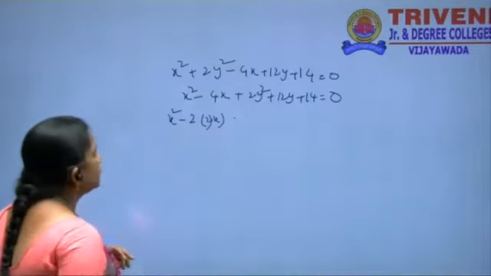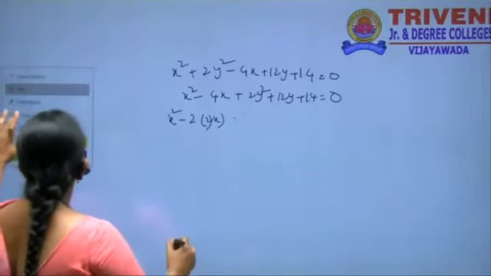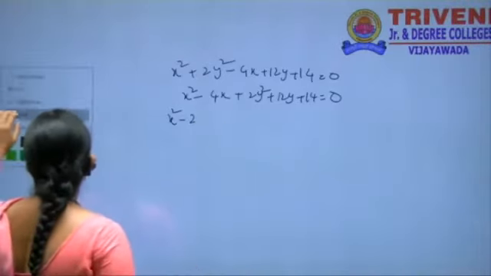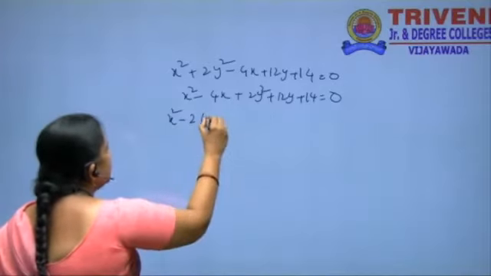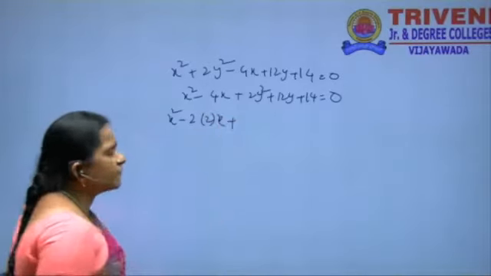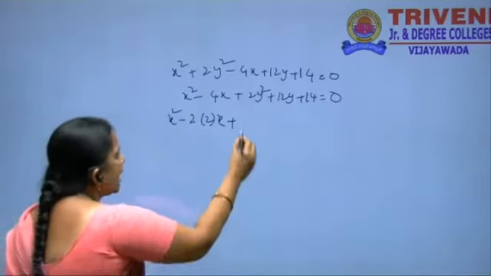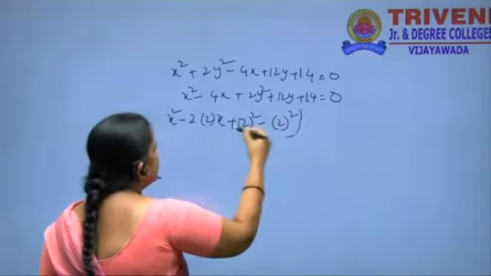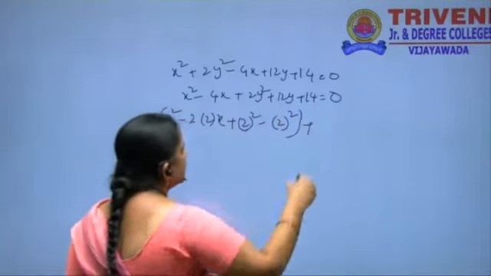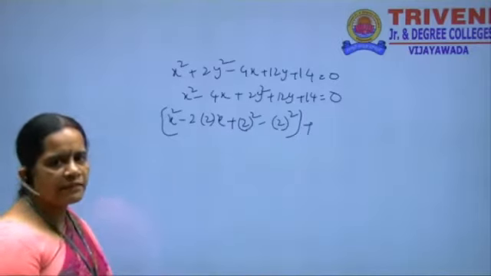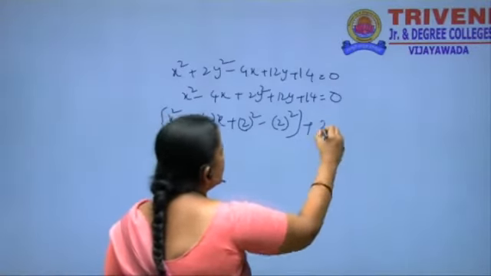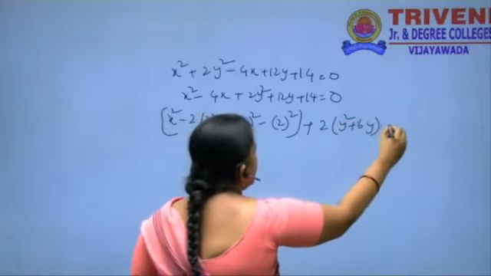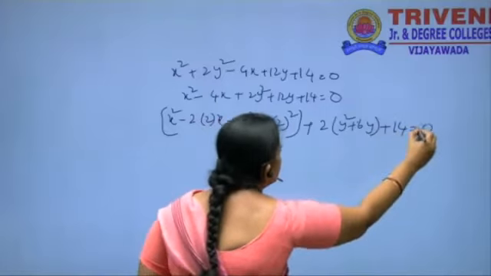Two into x, plus the b square term is not there. We have to add 2 square. Add and subtract 2 square here. This is one, and again plus 2y square plus 12y, 2 is common here. Then it can be written as y square plus 6y plus 14 is equal to 0.